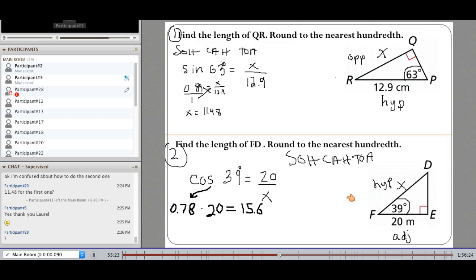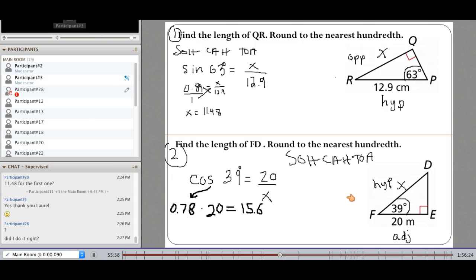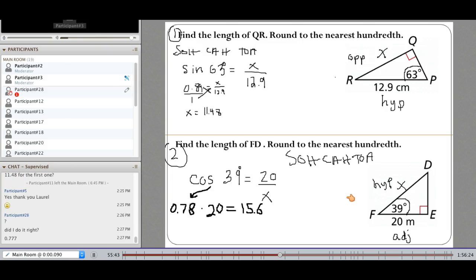So cosine of 39. Let's see. I got something different here. Okay, so the cosine of 39, I get 0.77714596147.